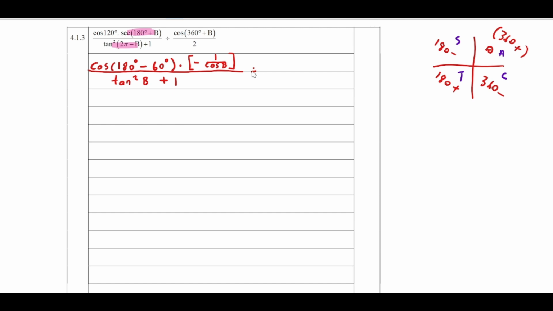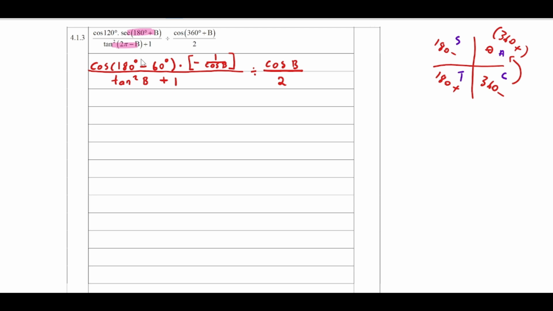The cosine of 360 degrees plus, it's going to be positive. 360 degrees plus, it means you're going 1 up there. So cos of this is going to become the cosine of b. And then you divide by 2. 2 is not changing. All right, let's simplify.